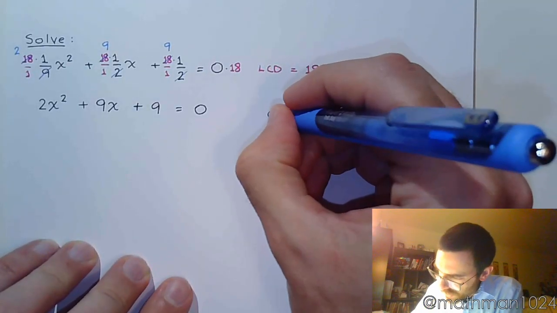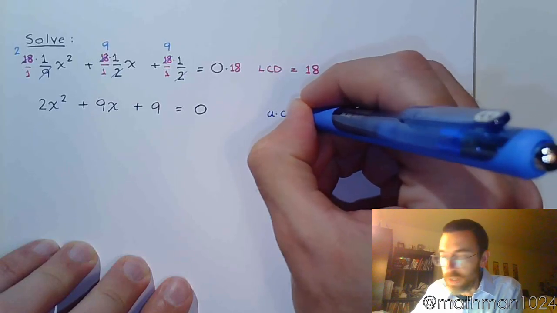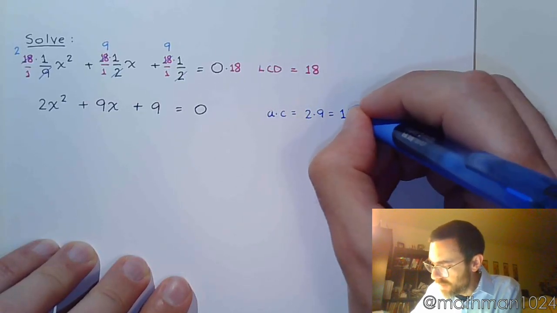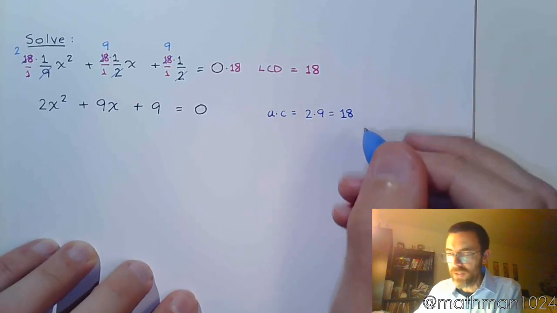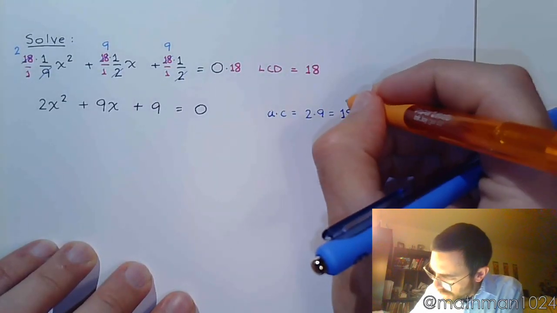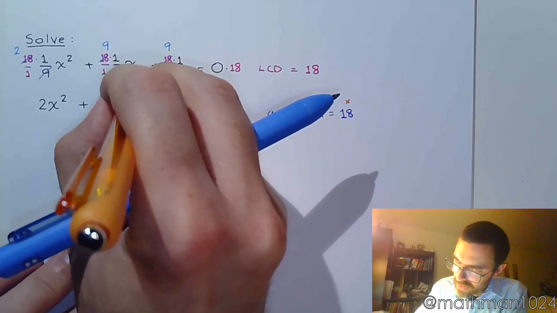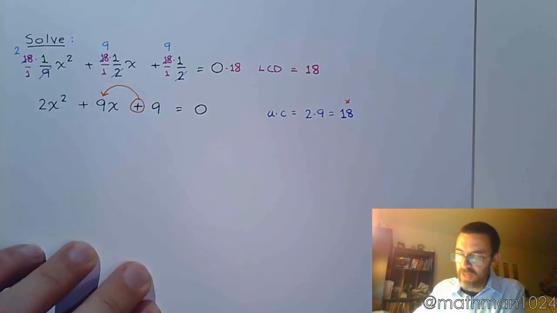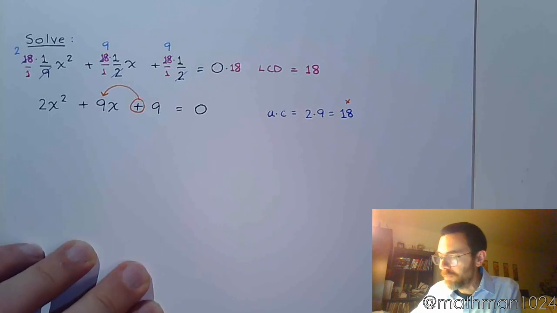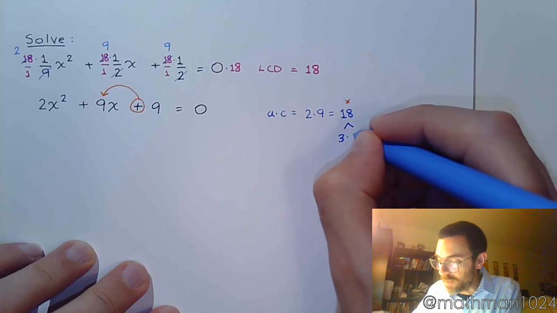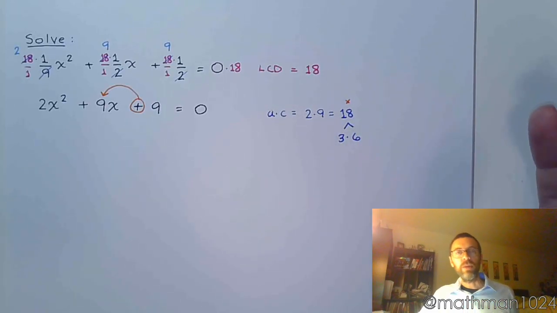So off to the side, if I do the AC method, so a times c is 2 times 9, which is 18, and I want to see if we can find factors of 18 that we'll be able to add to get the middle coefficient. And you know that if you factor this the right way, as 3 times 6, you've got a winning combination.